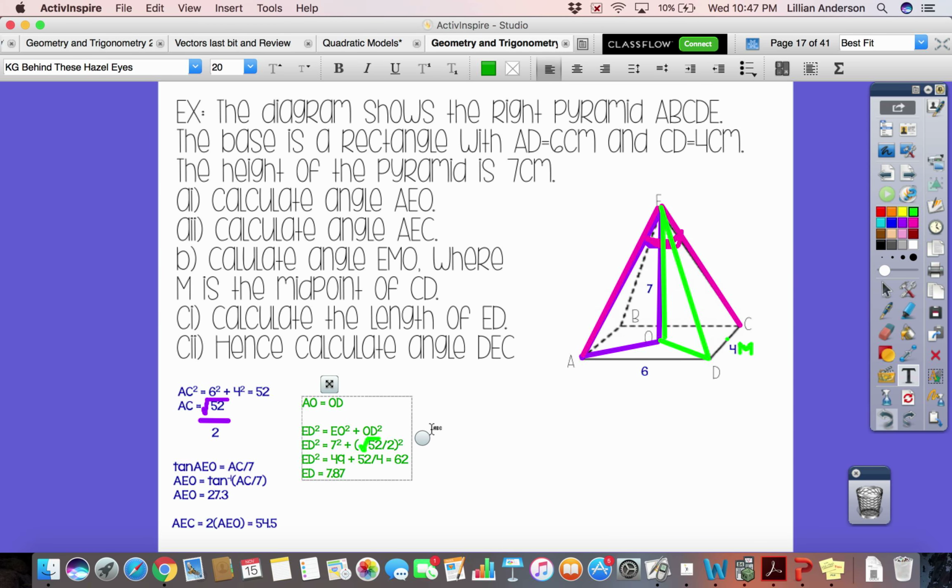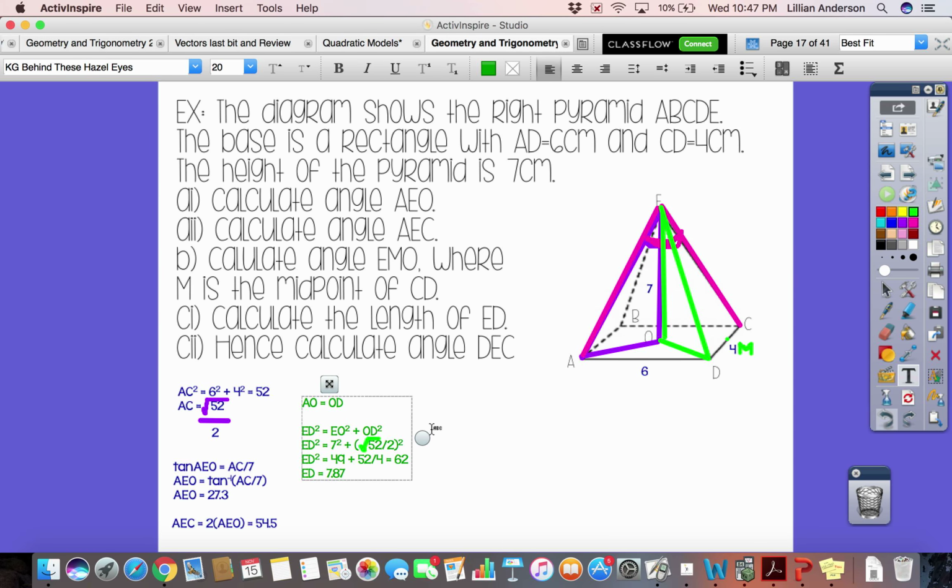Now it tells us to calculate the measure of angle DEC. So we're looking for this angle right up here. This is definitely not a right triangle. However, it did tell us that M is the midpoint of that segment. We can actually use that to create a right triangle.